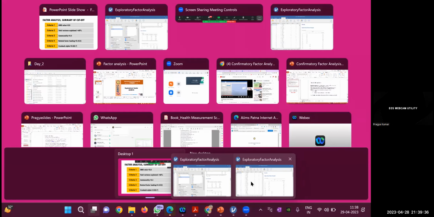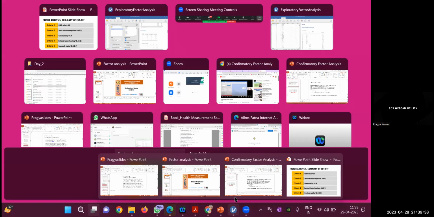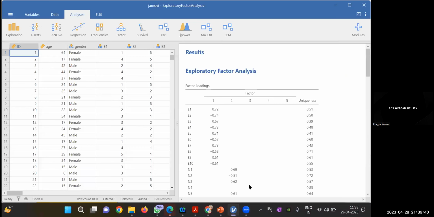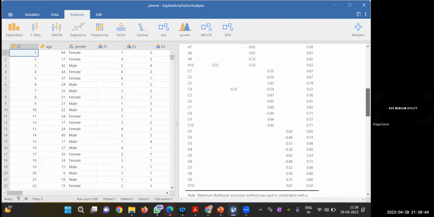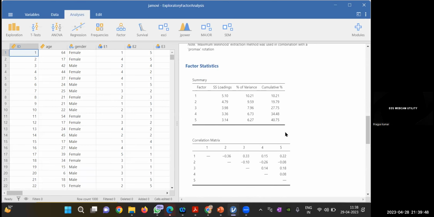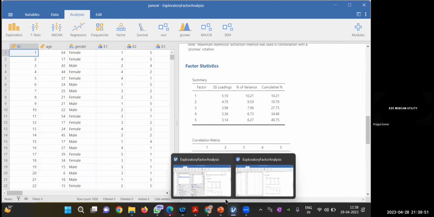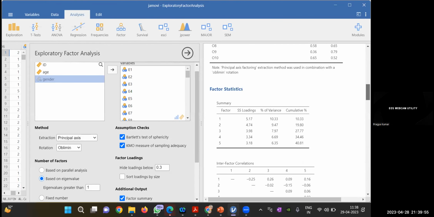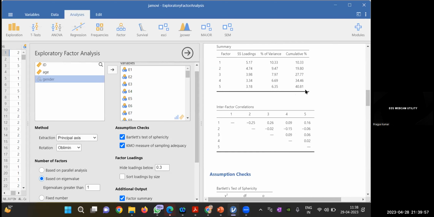I'll go to that JAMOVI output. It is able to tell you only 40% of variation.